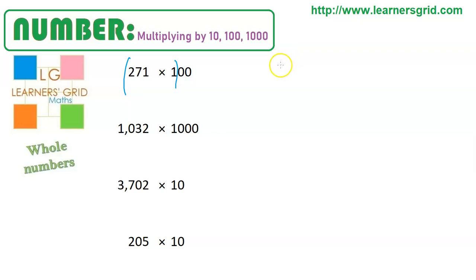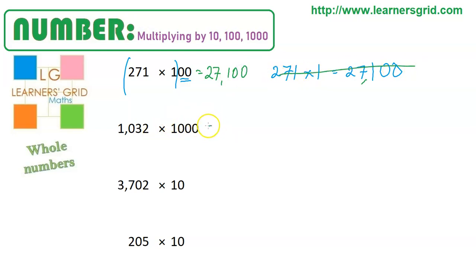So it'll be basically 271 times 1. Well, that's 271, right? And then you just add these zeros on the end, like that. And so the final answer is 27,100. Okay, that's how you do them.